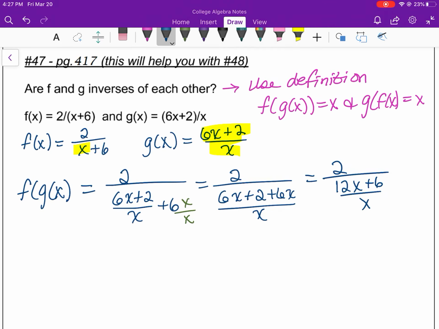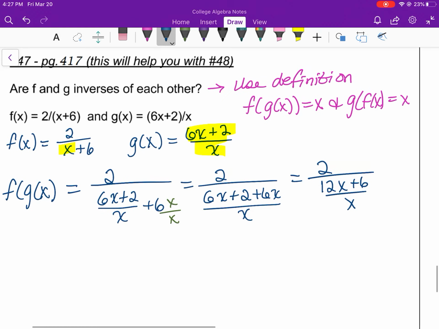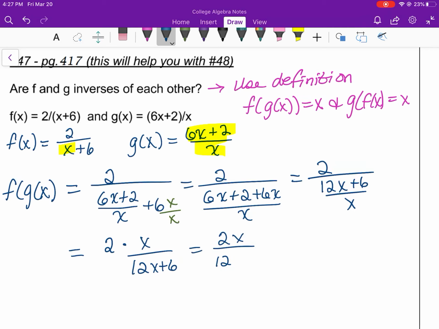I don't know about you guys, but that's not looking anything like x. So what I can do is I can kind of keep on going to show you that it's just not going to work out for us. I'm going to multiply by the reciprocal because that's how you divide fractions. You multiply by the reciprocal. And I get 2x over 12x plus 6.